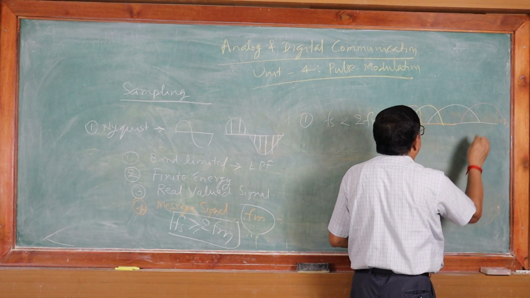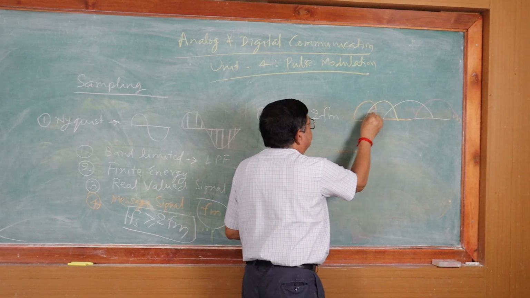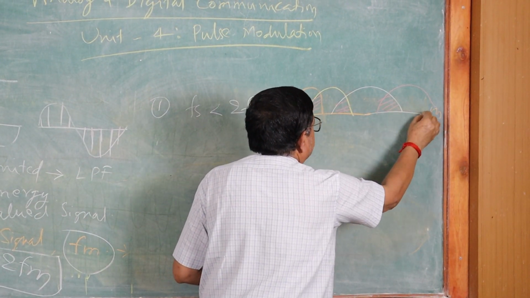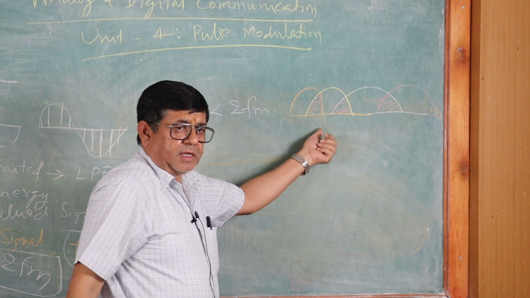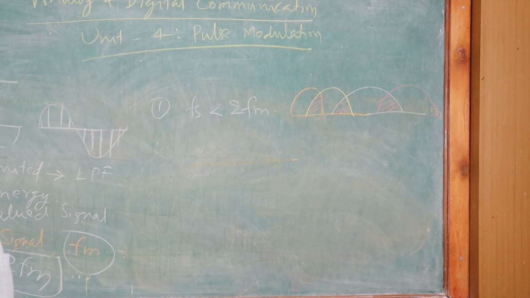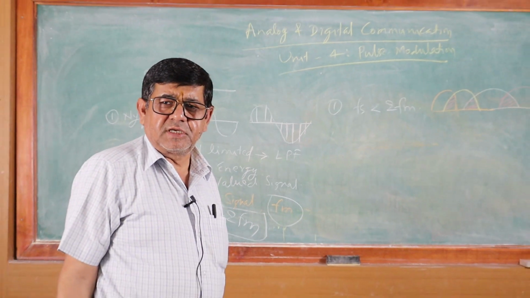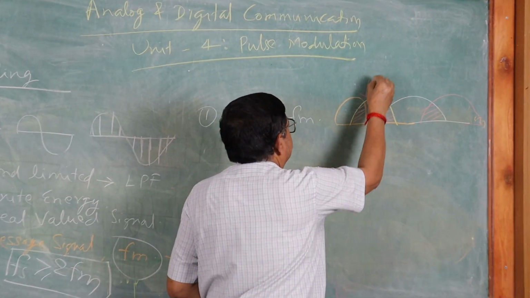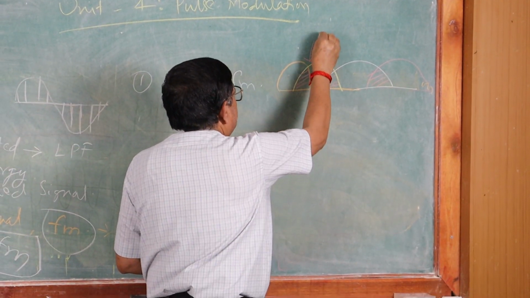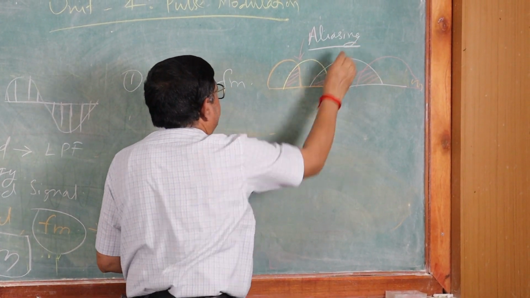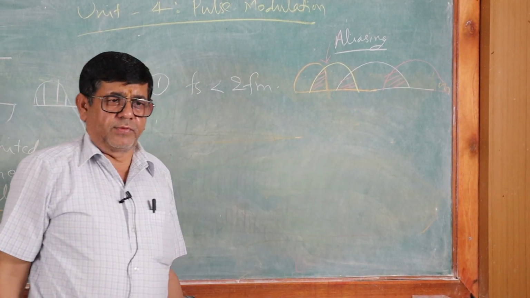Here what we are seeing, there is a cross of one signal in other signal. This is called interference in terms of communication system, and in signals and systems or digital signal processing we call it aliasing. So this is the aliasing which is occurring. We should never sample a signal at less than 2 into Fm.